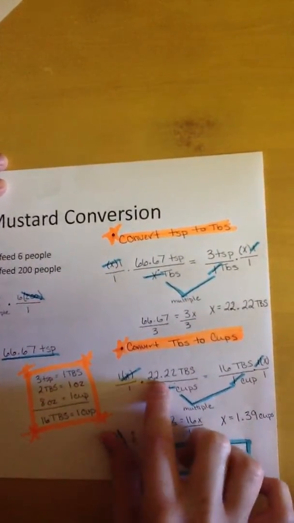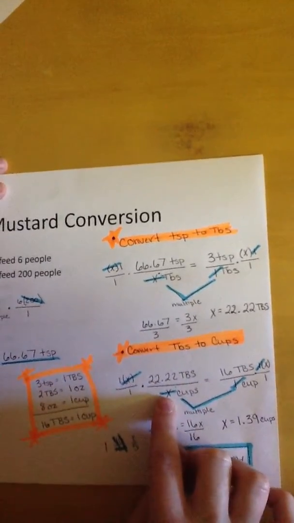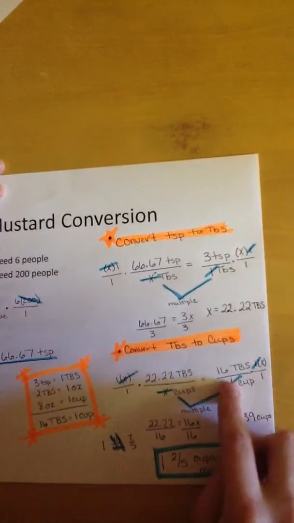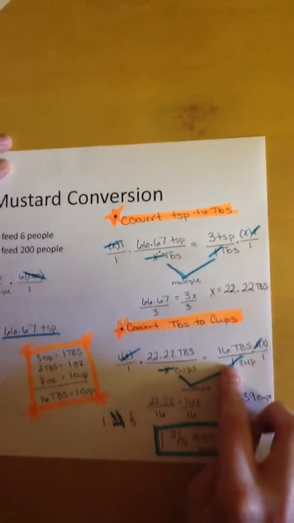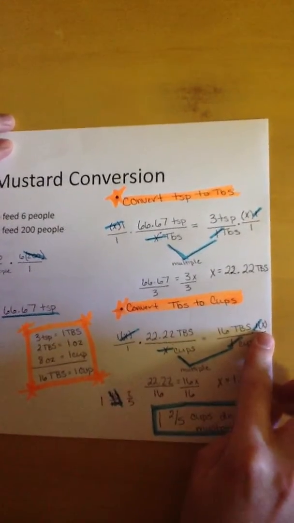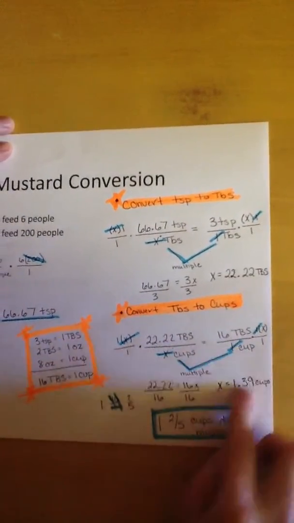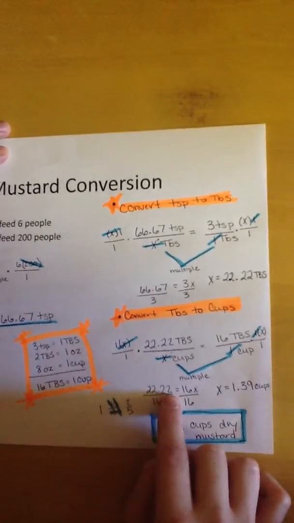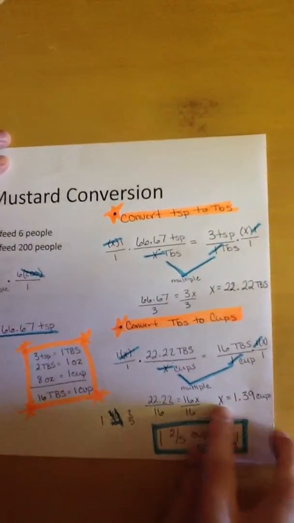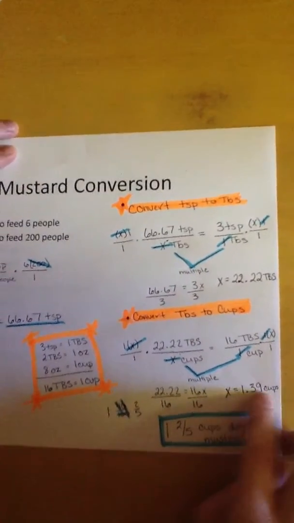So 22.2 tablespoons over how many cups, that's what we want to find, is equal to 16 tablespoons over 1 cup. Multiply the denominators by each other, multiply each side of the equation by that amount, and you come out to 22.22 equals 16x. Divide each side by 16, so x equals 1.39 cups.